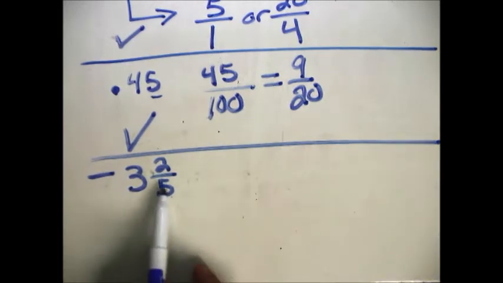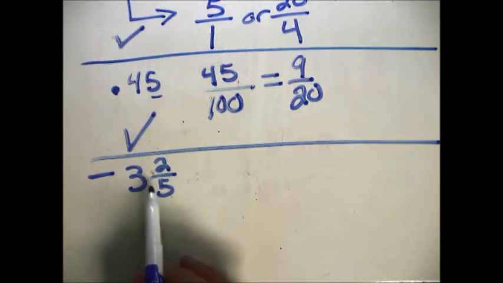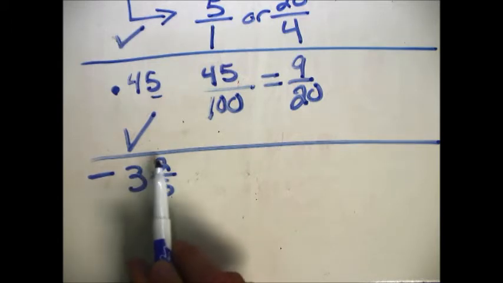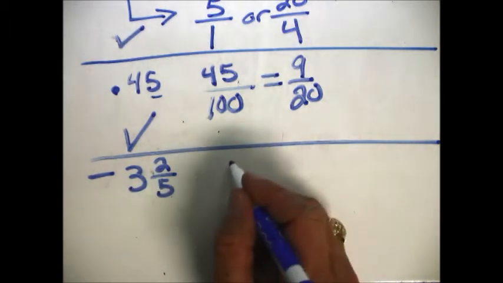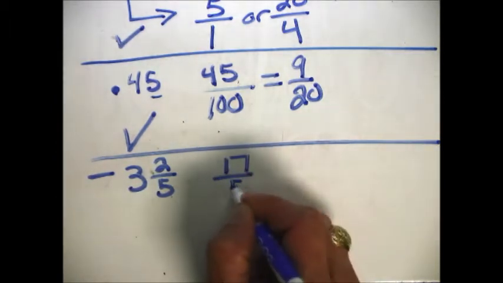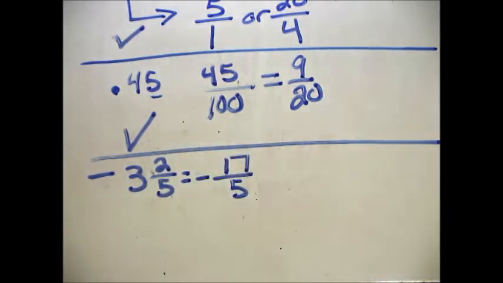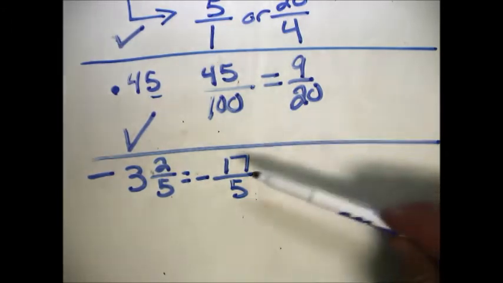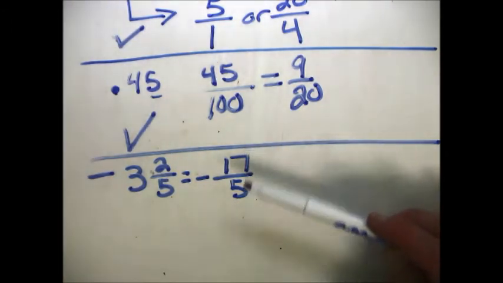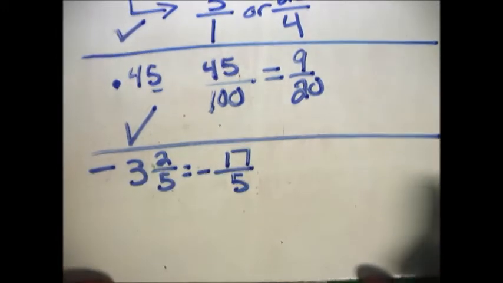Well, you sure can, because to turn a mixed number into a fraction, you do denominator times whole number, so 5 times 3, add the numerator, so that is 5 times 3, which is 15, plus 2 is 17. That is 17 over 5, and it's negative. This is rational because the denominator is not 0, so that does work.